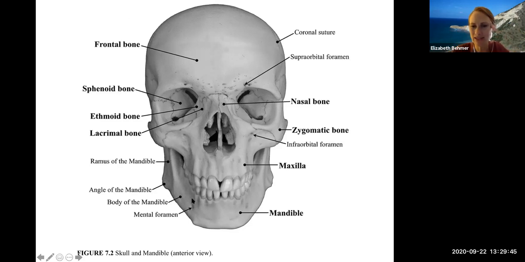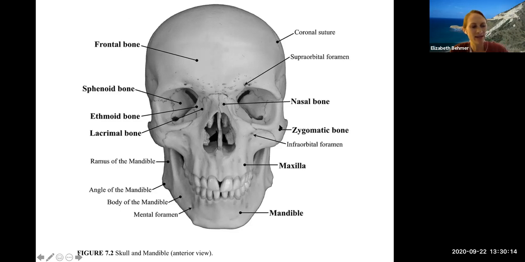The mandible itself is the jawbone, and here's the mental foramen, that little hole on the mandible bone. The mandible has a ramus, which is this part of the mandible, an angle, which is the pointed part where the ramus will meet up with the body of the mandible, and the body of the mandible surrounds the chin, and that will be what the bottom row of teeth attach into. Your zygomatic bone is your cheekbone.